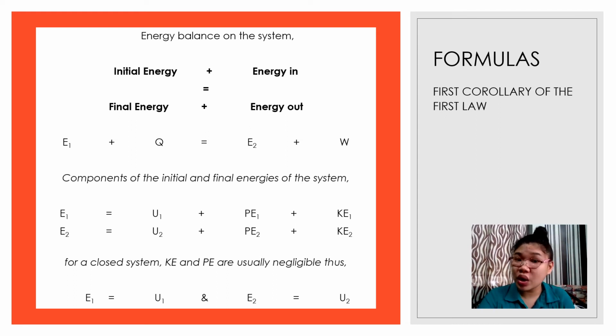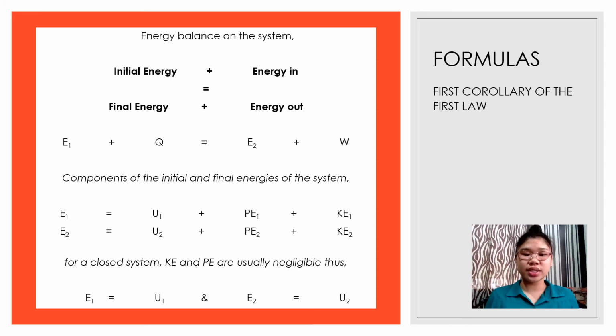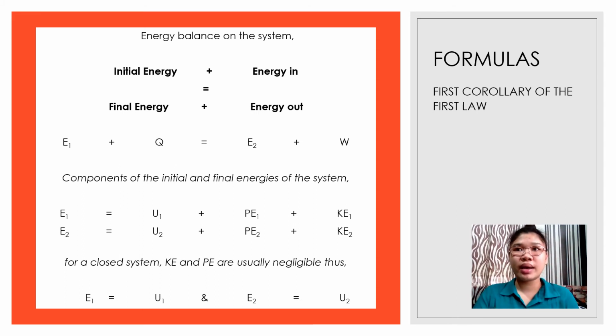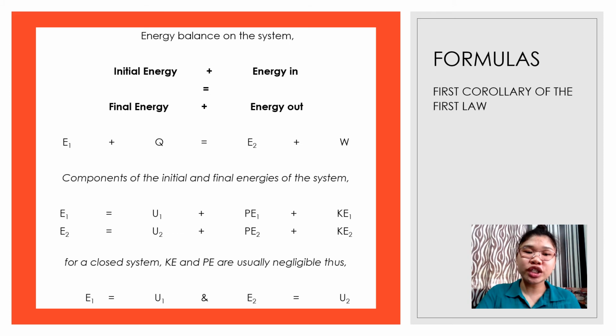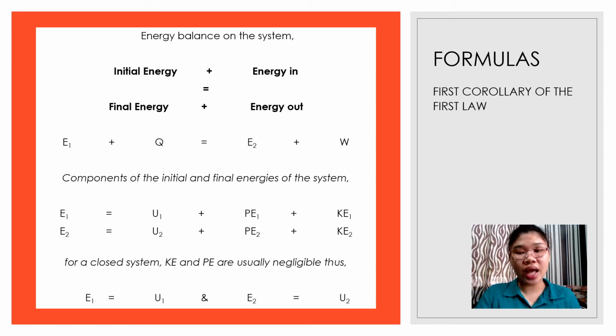Take note that for a closed system, kinetic energy and potential energy are usually negligible. Again, KE and PE are usually negligible in a closed system. So if we neglect PE and KE by canceling them out, the initial energy is equal to internal energy 1, and the final energy is equal to internal energy 2.